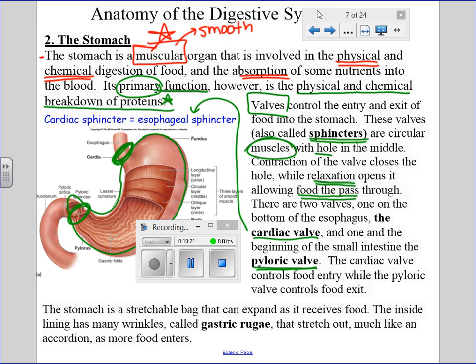Now your stomach is, it says, a stretchable bag. And I'm going to talk about this point a little bit. Your stomach stretches. It expands as food enters. If I did something to make it so that my stomach could not stretch, well then not as much food would be able to enter.